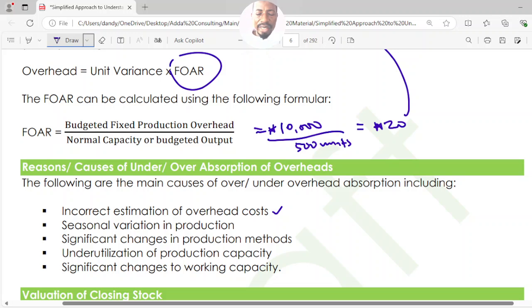Not only that, there is seasonal variation in production. Seasonal variation is a situation where, for the whole period of 12 months, there are some periods where the company normally makes high sales, when the company sells more of its product. During the festive period, more people will tend to buy a particular product than in a normal month.